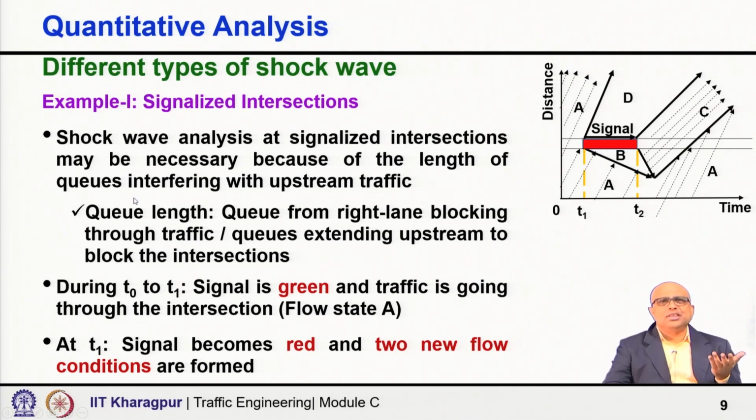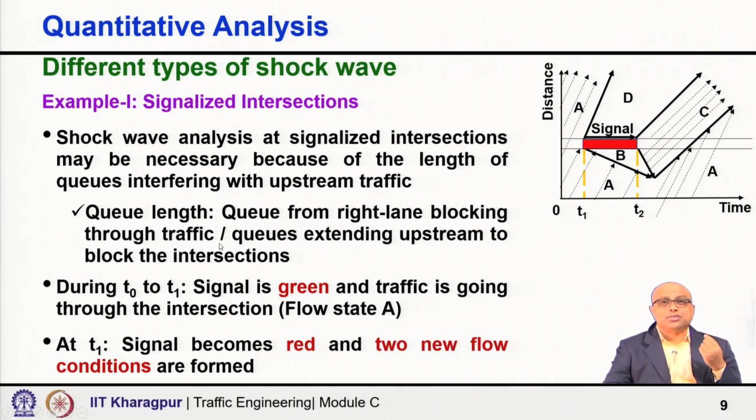Why are we interested in shock wave analysis at signalized intersections? For various reasons. Shock wave analysis at a signalized intersection may be necessary because of the length of the queue interfering with the upstream traffic. This is one possible reason. There are many other purposes the analysis may serve.